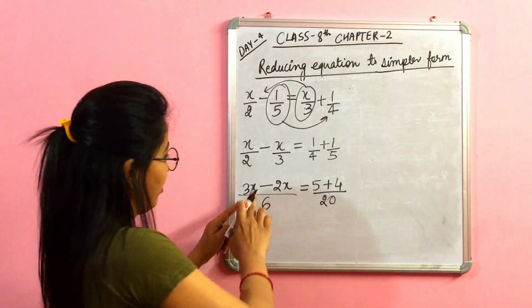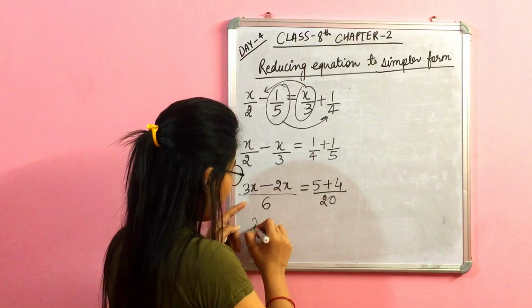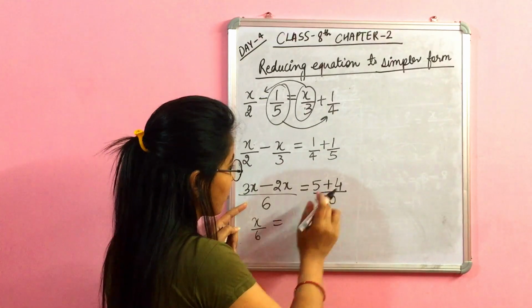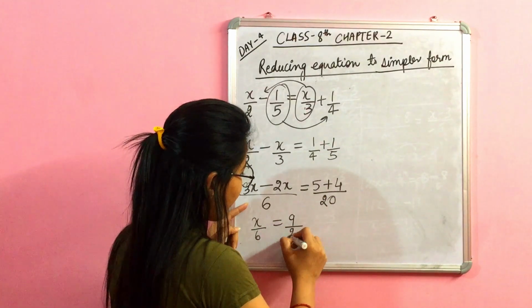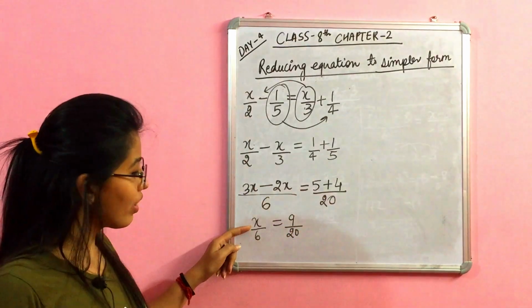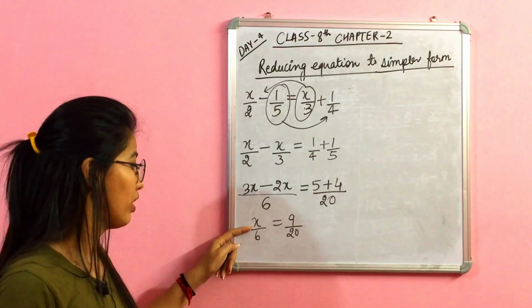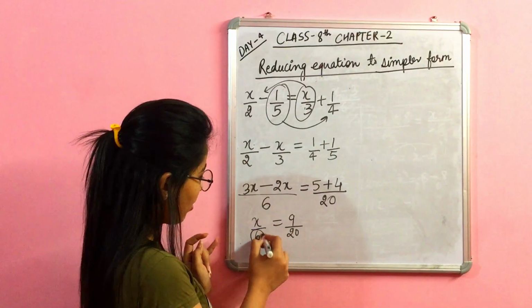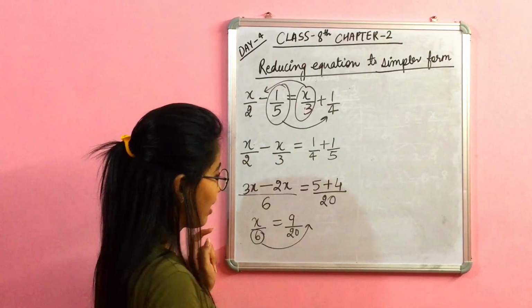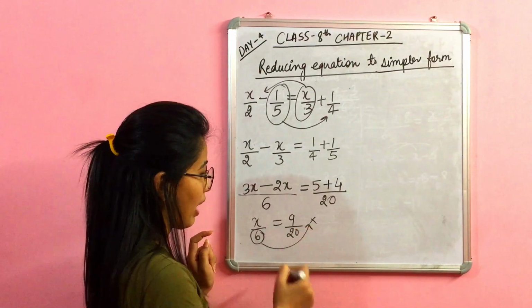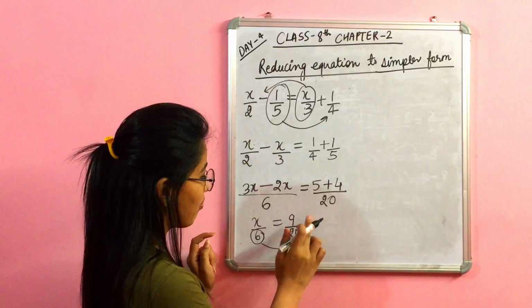Now here, 3x minus 2x is x upon 6, and this will be 5 plus 4, 9, divided by 20. Now we have to find out the value of x only. This is in division, right? If you transpose this to the left hand side, it will become multiply.